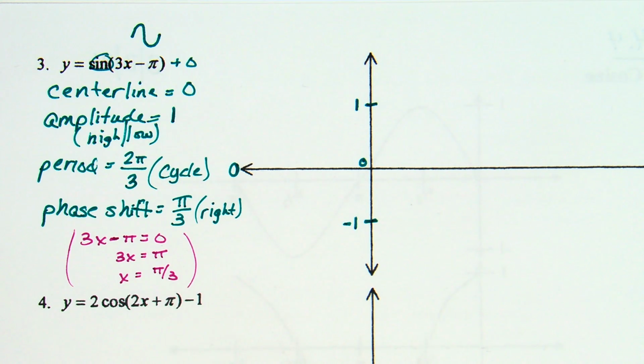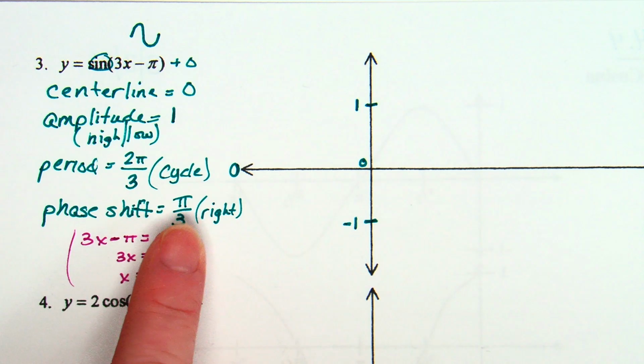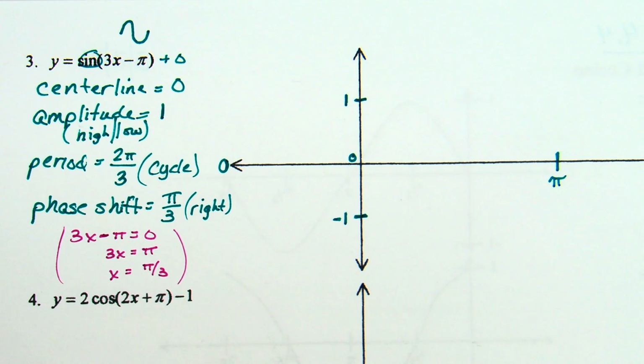So if I'm labeling my graph in thirds, and it's a cycle of 2 pi over 3, keep in mind we also are going to have to go pi over 3. So what I'm going to do on this particular problem is label out to pi.